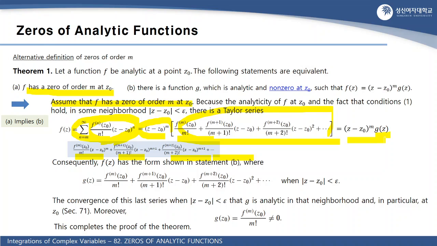Then we get this. So consequently, f(z) has the form shown in statement B here. Statement B is that there is a function g which is analytic and non-zero at z0, such that f(z) is equal to (z - z0) to the power of m times g(z).